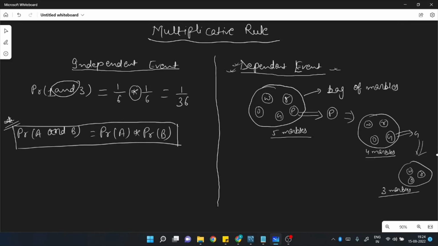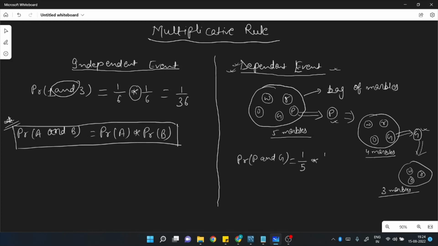Suppose I ask what is the probability of getting purple and green. Try to understand here: first we took out the purple color, next we took out the green color. What will the probability be? It will be 1 by 5, because there was only one purple marble present, and there was only one green marble present.